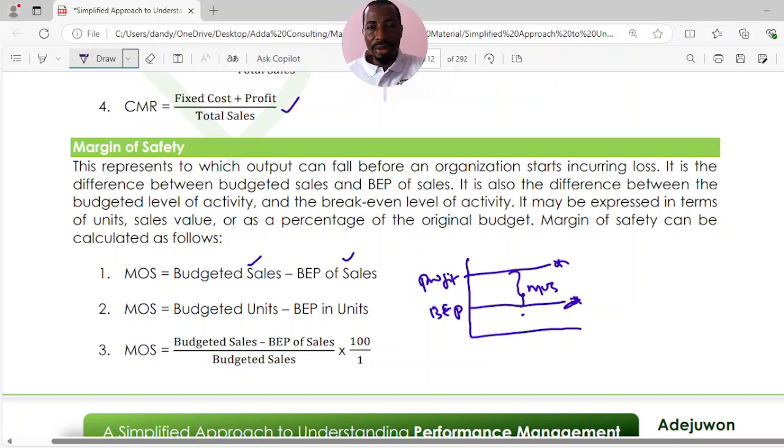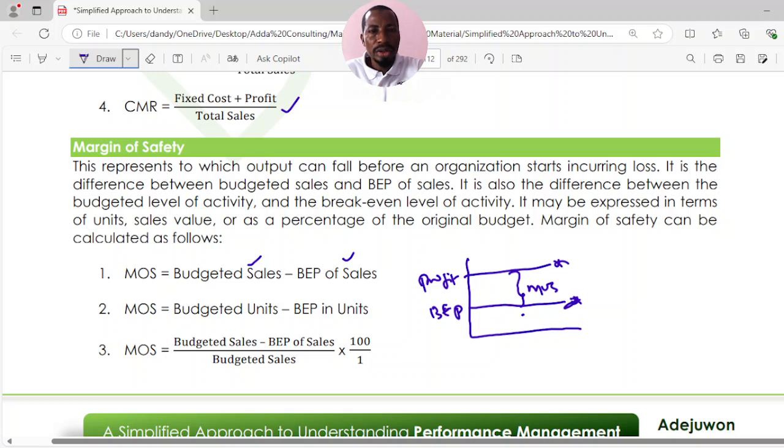Then let's talk about the objectives of break-even analysis. There are 4 key objectives, which I talked about earlier today. One is to determine the number of units a company must produce in order to break even. The second objective is to determine the sales value required to break even.